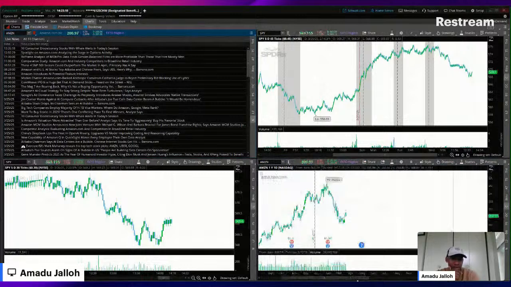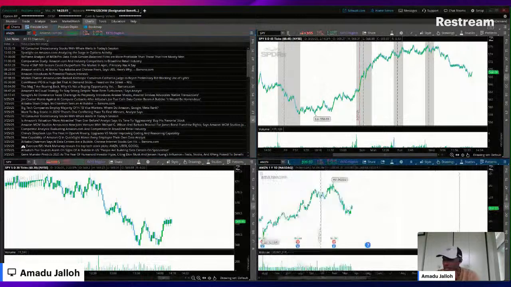Okay, that's Amazon here. Reframe analysis of IMDbPro data finds gender-balanced films are more profitable than those that hire mostly men. Spotlight on Amazon is analyzing the surge in option activity.